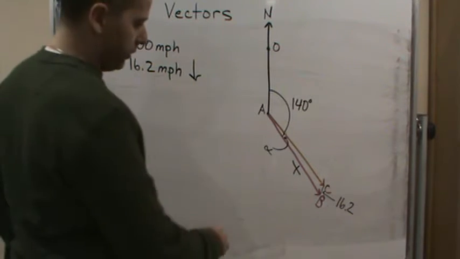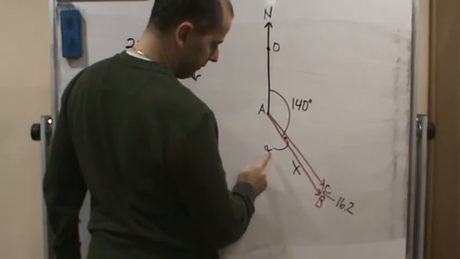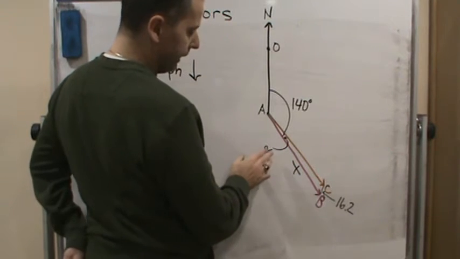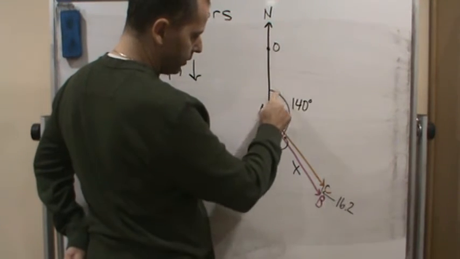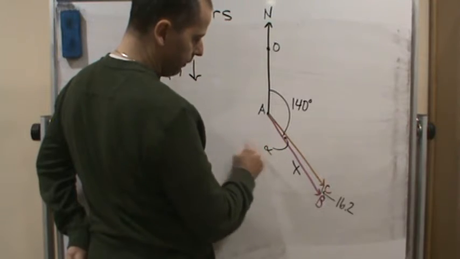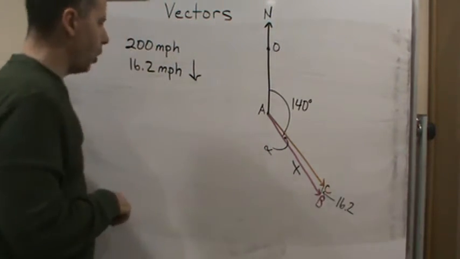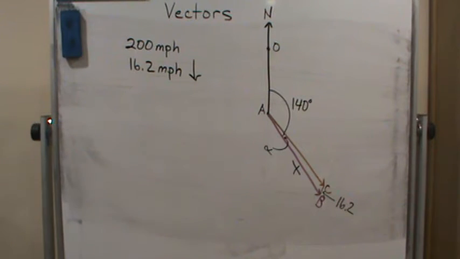So this angle between these two vectors is alpha, and that's going to be the true bearing. Those are the two things that we need to find. Now, we need to find x.